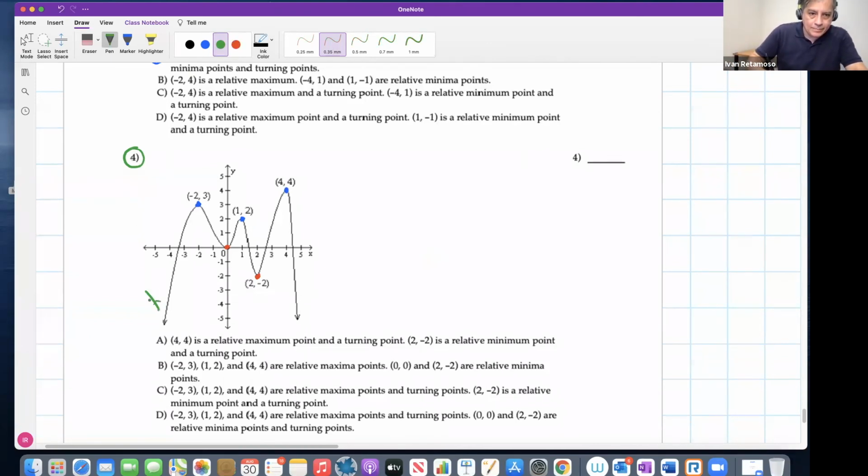So walk along this from left to right. The separation between trends, from increasing to decreasing or decreasing to increasing, determines these special points called relative extremum. Relative extrema, if you want to say this in plural version.